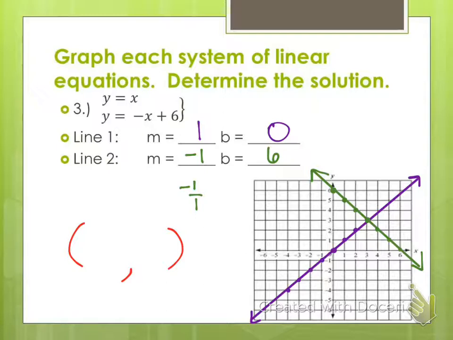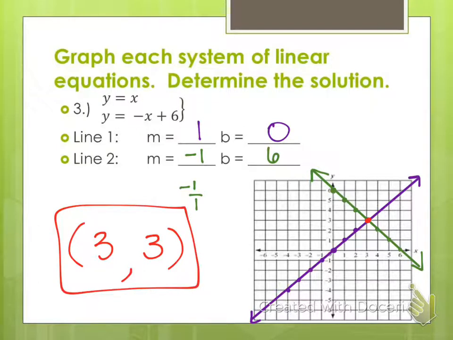So we went over 3, up 3 to get to this point there. So our answer on these are going to be ordered pairs unless there's no solution or infinitely many solutions. But if your lines cross each other at just one point, your answer is going to be an ordered pair x, comma, y.